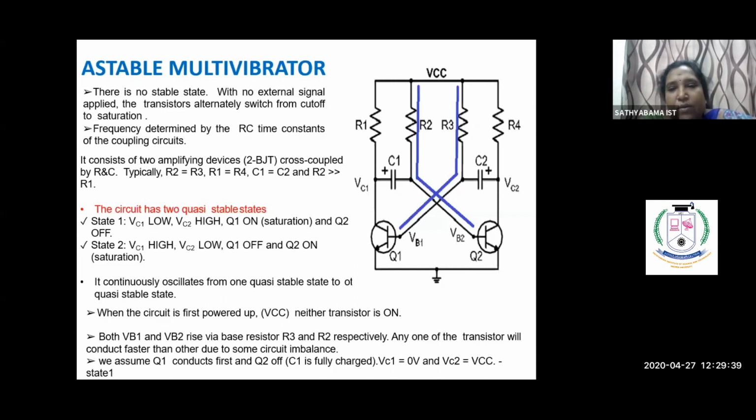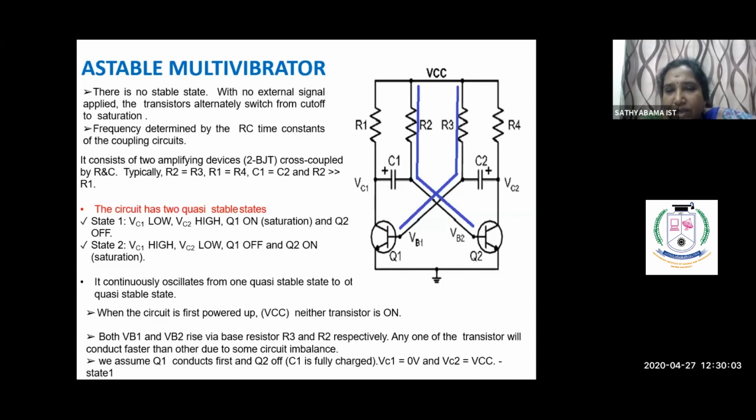So how long is this going to happen? Because here we have connected the C1 capacitance and the C2 capacitance. What will happen? C1 will be charged through the R2 base resistance and C2 will be charged through the R4 resistance. Now look at the circuit.